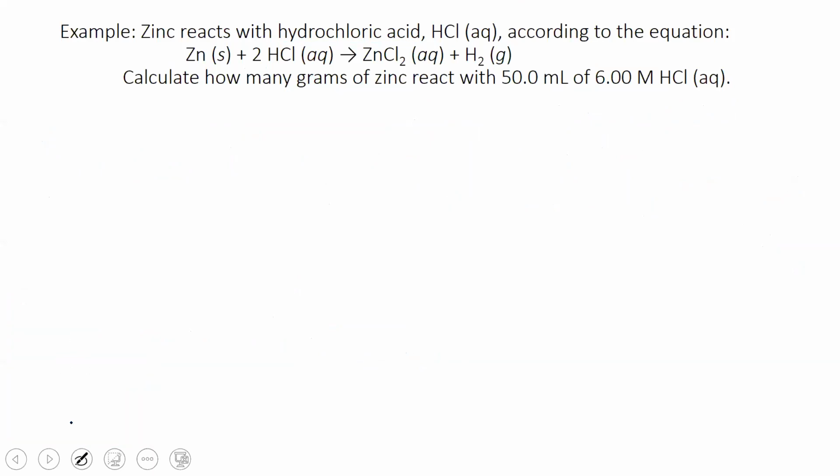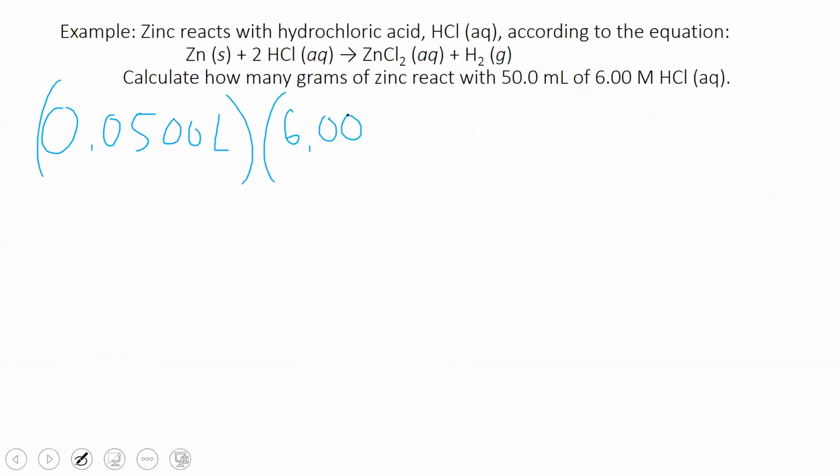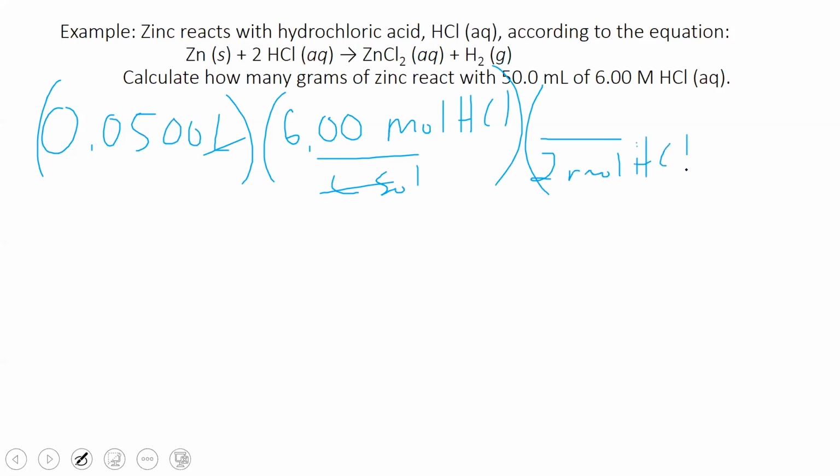Okay, so let's go back and do this again. We've got 0.0500 liters times 6.00 moles of HCl per liter of solution. So those cancel. Then we divide that by 2 moles of HCl per 1 mole of zinc.